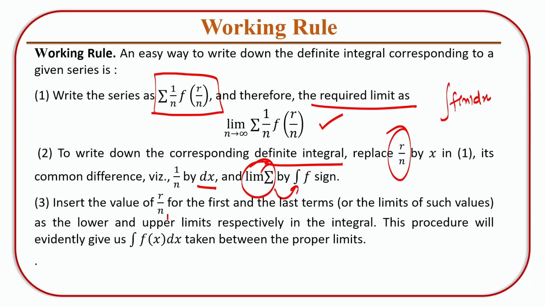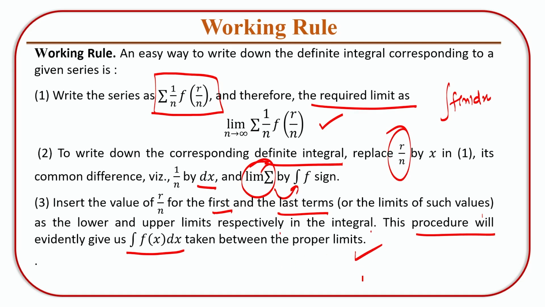So insert the values of r by n for the first and the last terms as the lower and upper limits respectively in the integral. First term as the lower limit and the last term as the upper limit. This procedure will evidently give us the integral of f(x) dx taken between the proper limits, right.